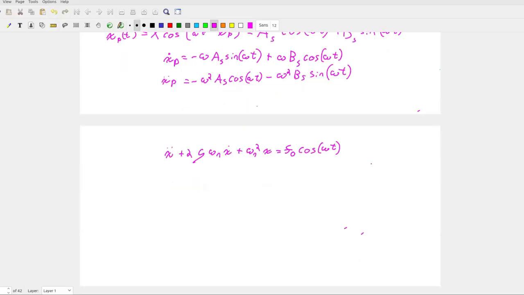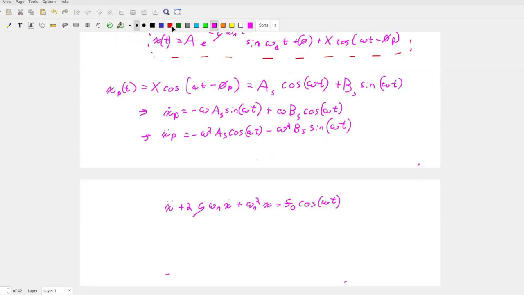So I get x double dot, which comes from here. I'm not going to write it all out, but I get x double dot, which comes from here. I get x dot, which comes from here. And then here, let's do some colors. I get x double dot, which comes from here.